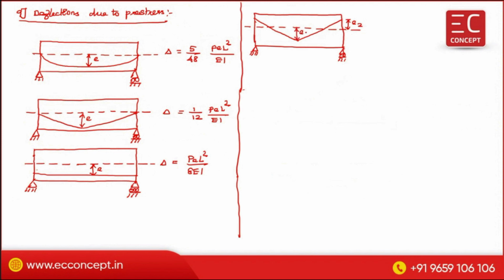Now delta is equal to PL square divided by 24 EI into minus 2 E1 plus E2.